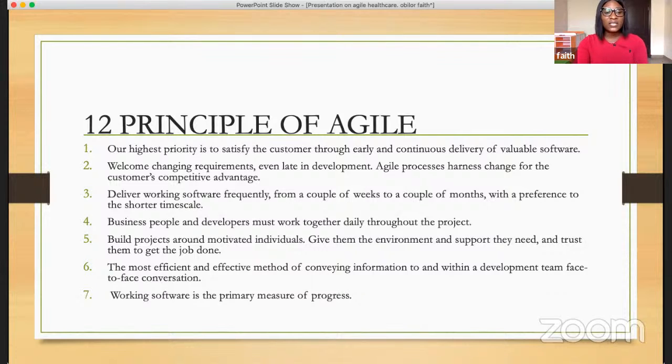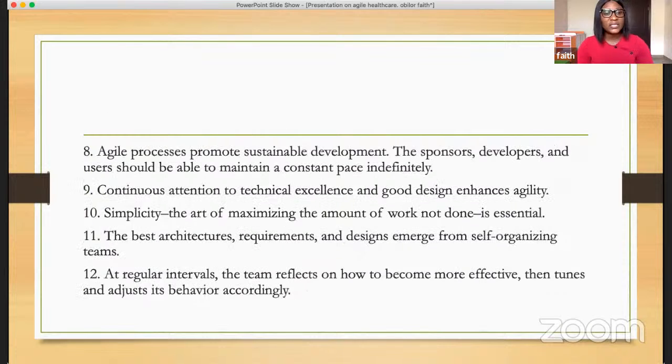So the seventh is working software is a primary measure of progress. Eighth is agile processes promote sustainable development. The sponsors, developers, and users should be able to maintain a constant pace indefinitely. Then ninth is continuous attention to technical excellence and good design enhances agility.